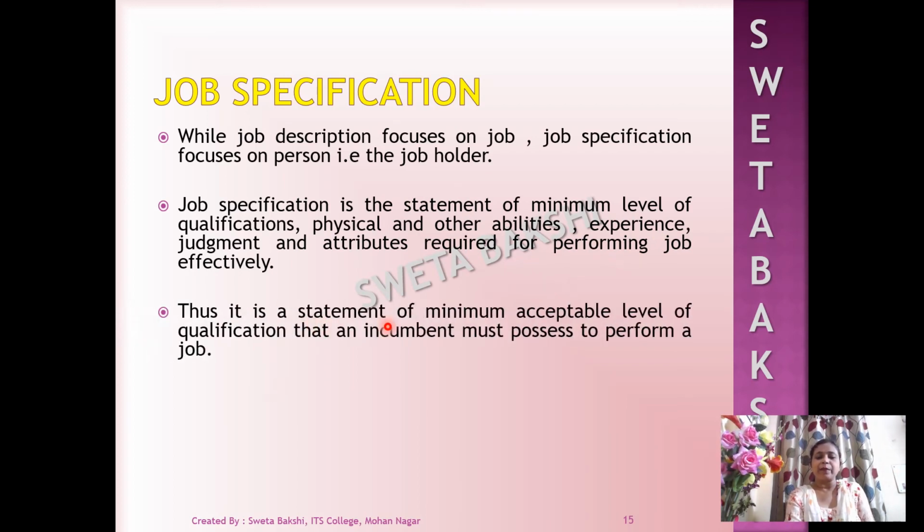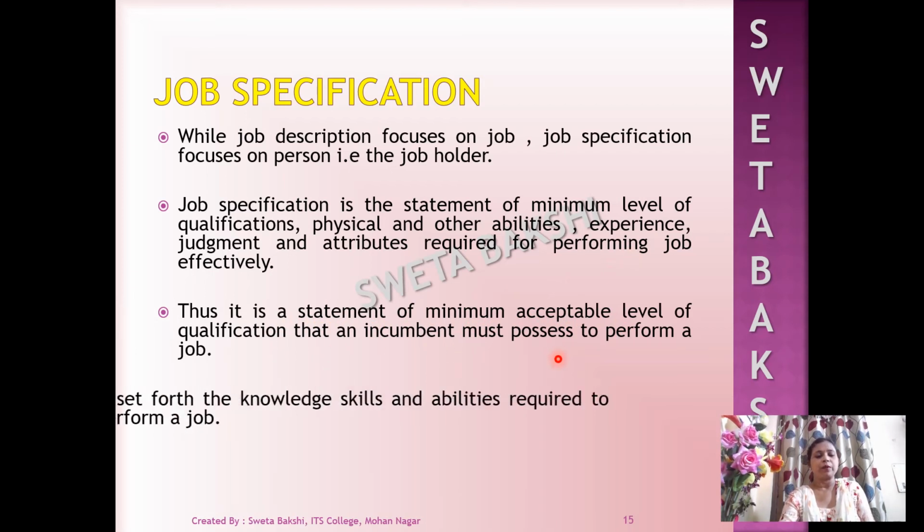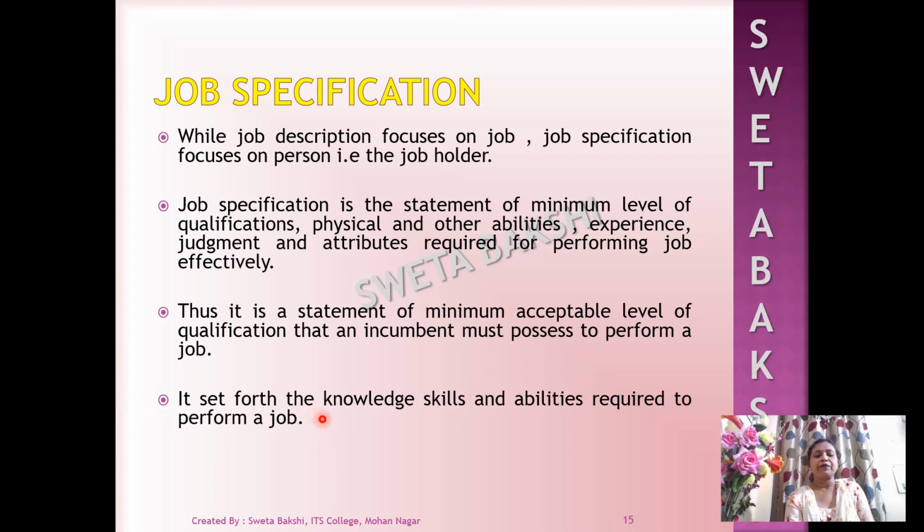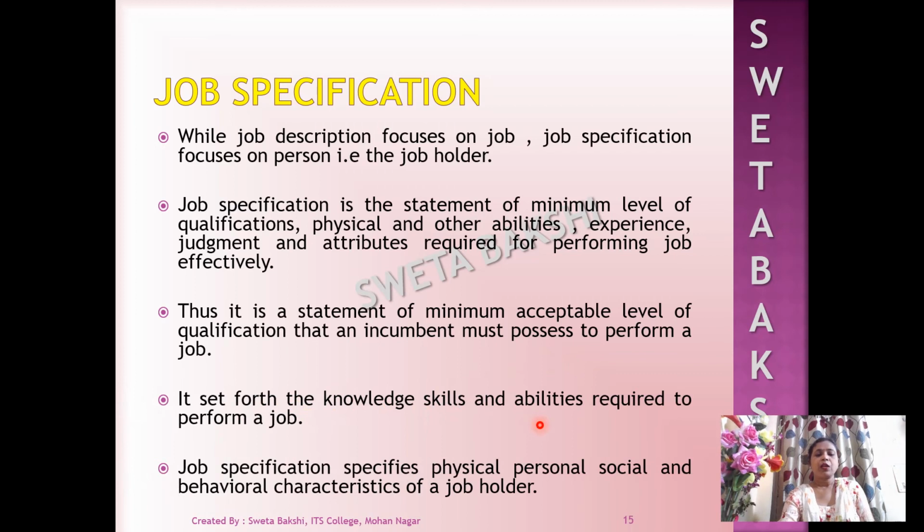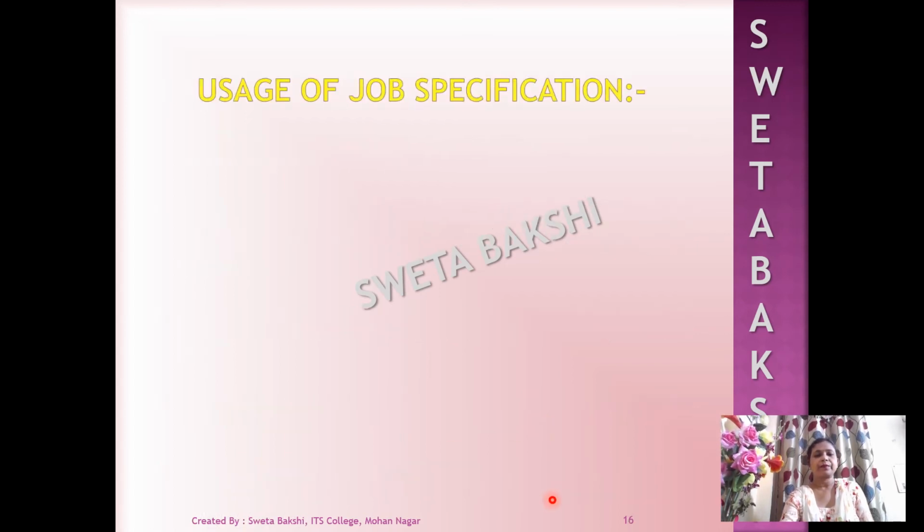Thus, it is a statement of minimum acceptable level of qualification that an incumbent must possess to perform a job. It sets forth the knowledge, skills, and abilities required to perform a job. Job specification specifies physical, personal, social, and behavioral characteristics of the job holder.